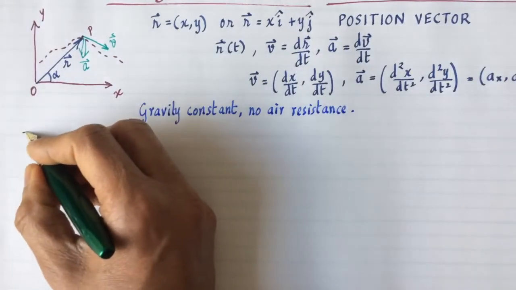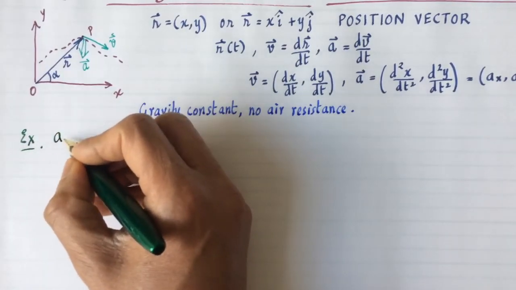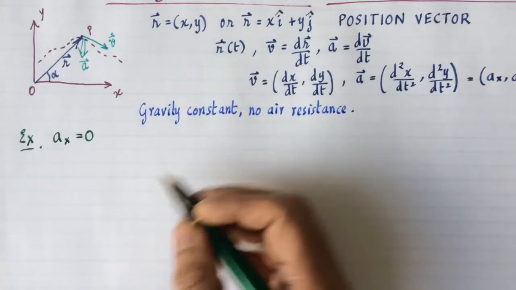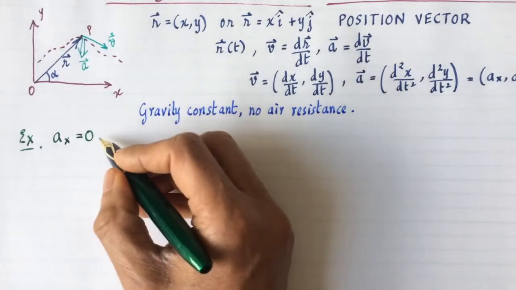So let's do the case of projectile motion. Projectile motion has no acceleration in the x direction. Because there is no air resistance, there is no resisting acceleration in the x direction.